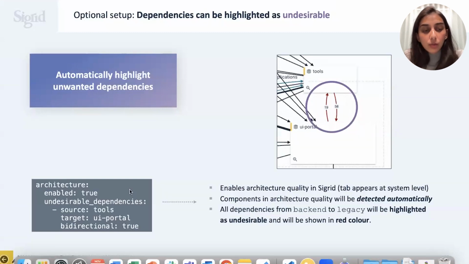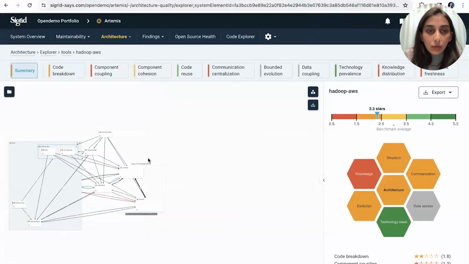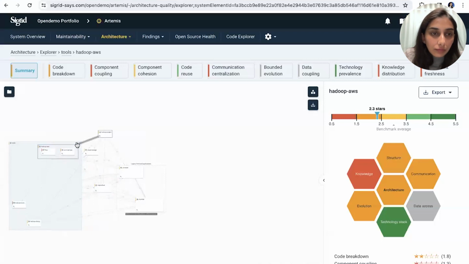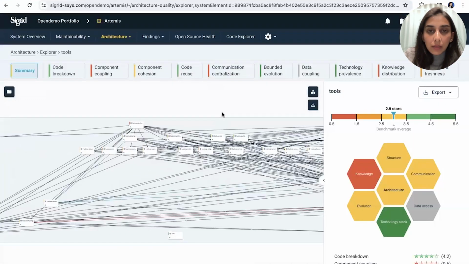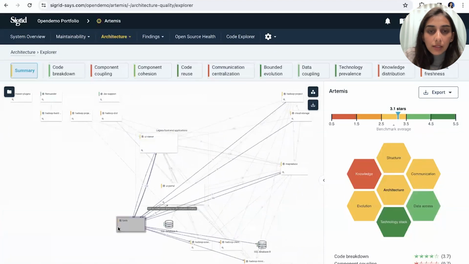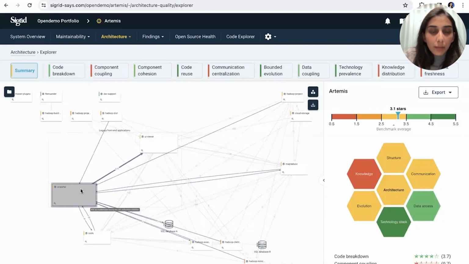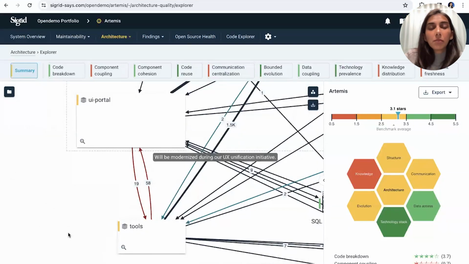And to show you how this will look in the platform, let's look here. Let me come out of this box. There is this UI portal versus tools. And if I write that in my scope file, which I did for Artemis, then you see that this dependency has become red and it is highlighted.